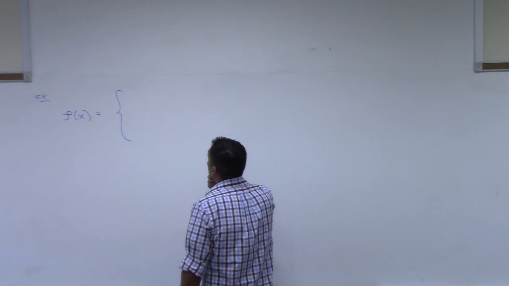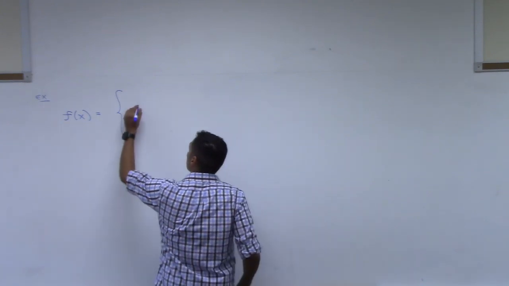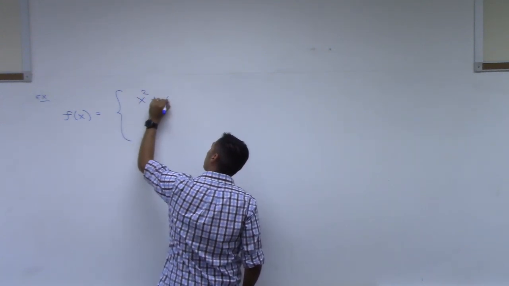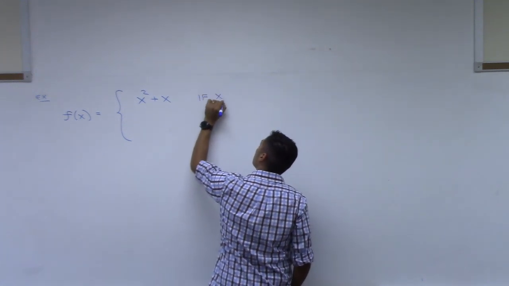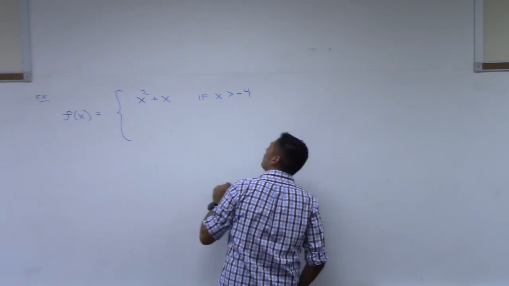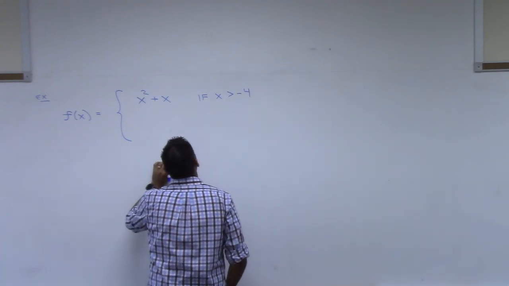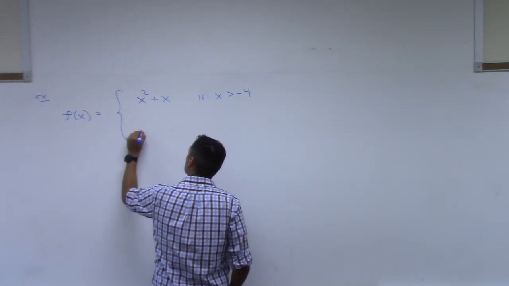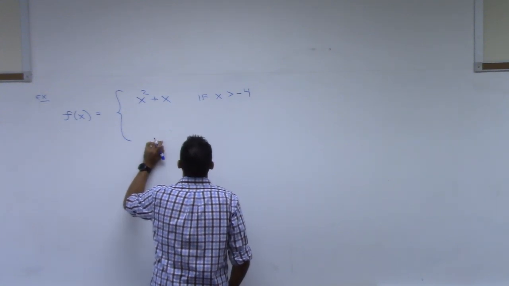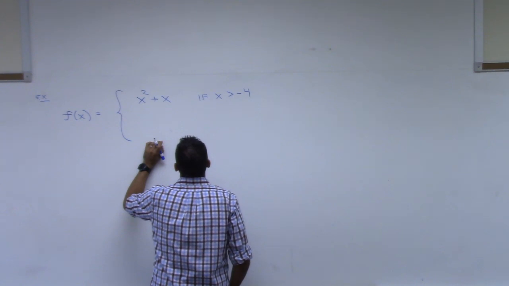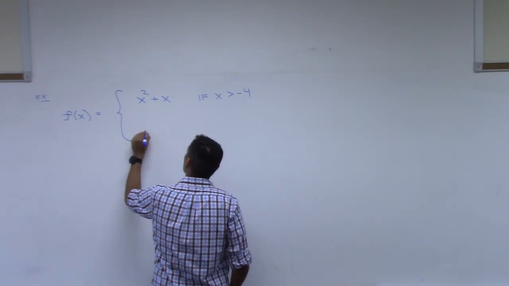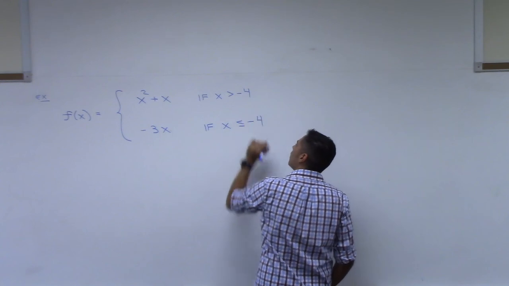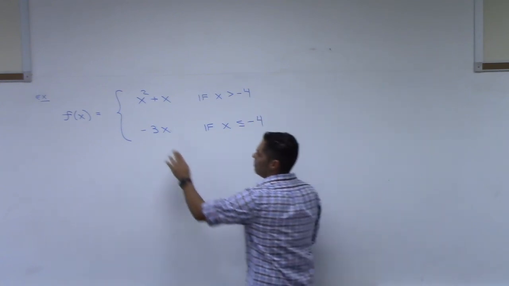How about x squared plus x if x is greater than -4 and... sorry, I kind of want this to work a certain way. You know what? Make that just 3x, not -3x.